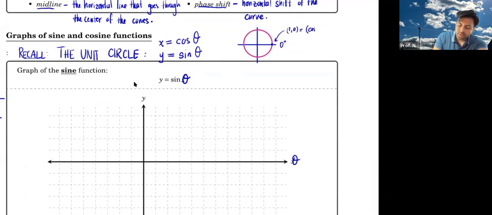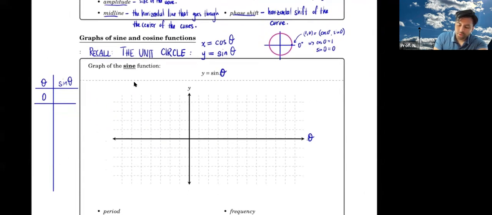Isn't this cosine of 0 degrees, sine of 0 degrees? Which means that cosine of 0 is 1 and sine of 0 is 0. So from the unit circle, when we start at 0, sine is 0.